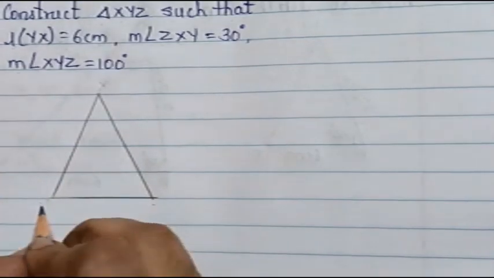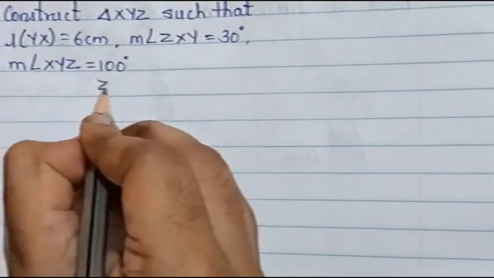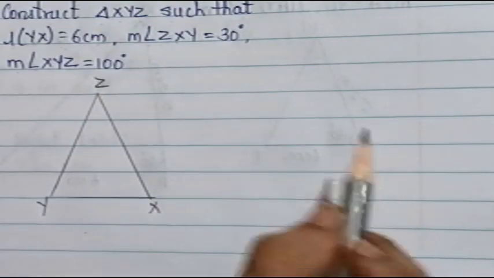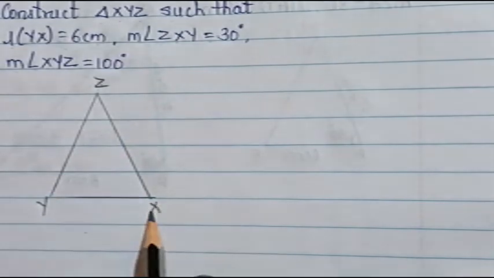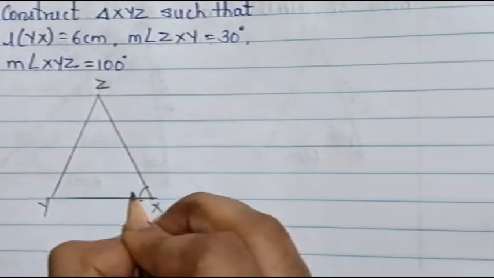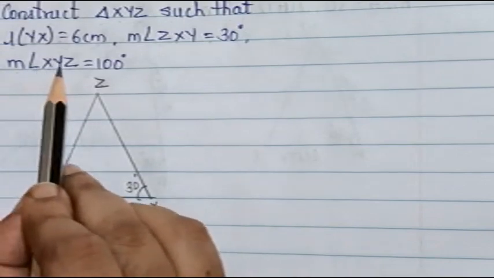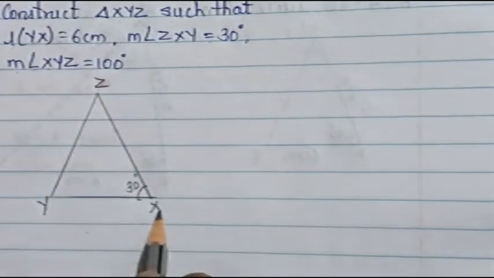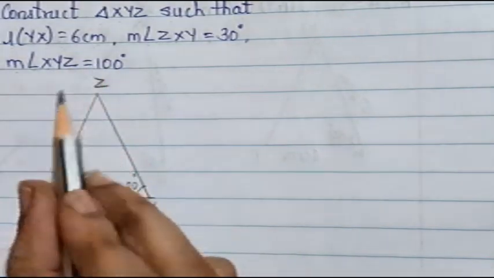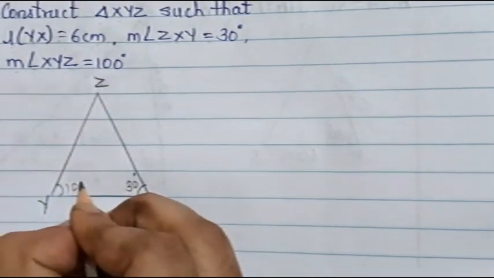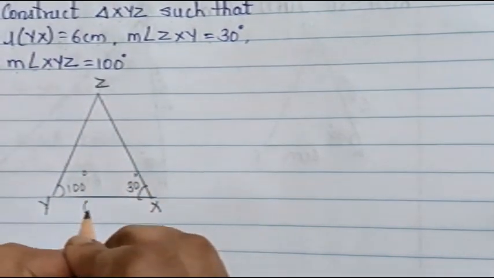So first we will name it here as YX and the remaining is Z. So that Z you will write over here. Is that clear? Measure of angle ZXY, that is ZXY. This is how much? 30 degree. Measure of angle XYZ. Y is in the center, so that is the angle. It is 100 degree. Clear? And YX is 6 centimeter.